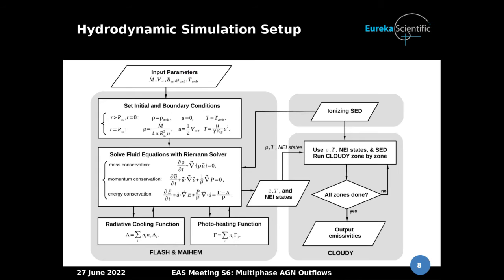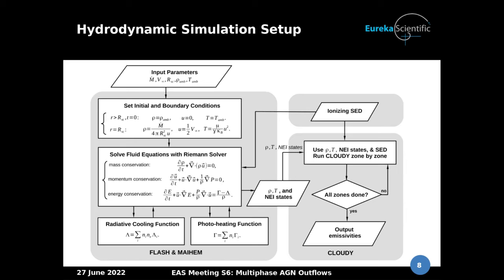To simulate AGN and also star-driven outflow, I use a model which is implemented in FLASH, with the radiative and chemistry networks module MAYHEM. We have some input parameters: mass loading rate, wind terminal velocity, injection radius, and physical conditions of the ambient medium, density and temperature.